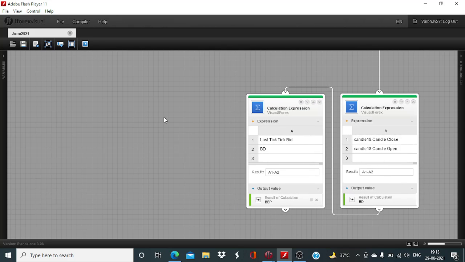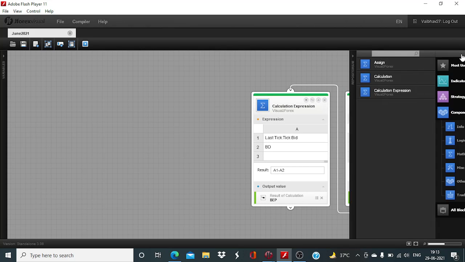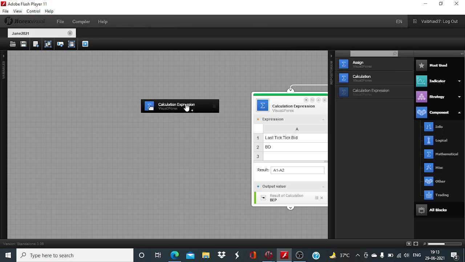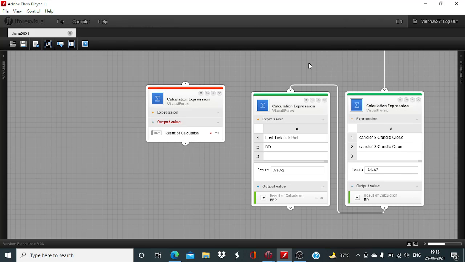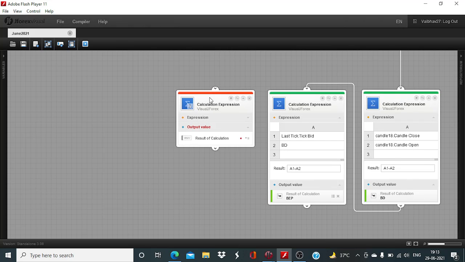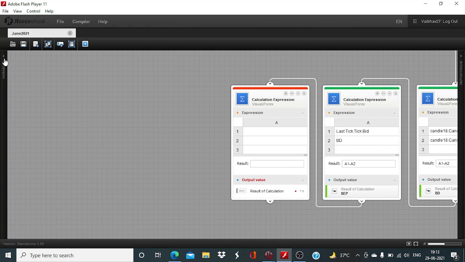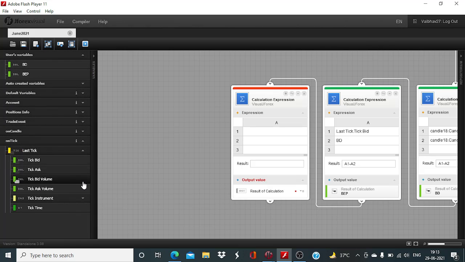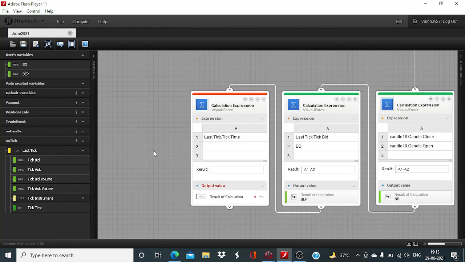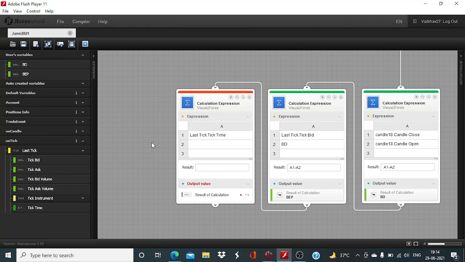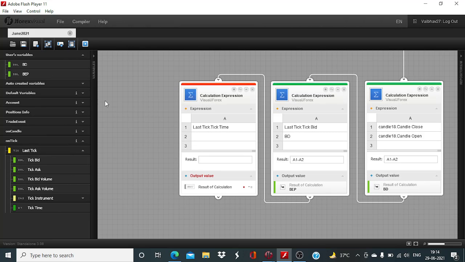We will have to also define the order validity. Order validity is going to be 1 hour. So right away I will carry out that calculation also. Last tick time, and we will need to add 3.6 million to it.